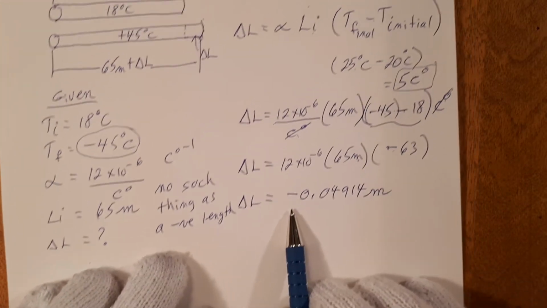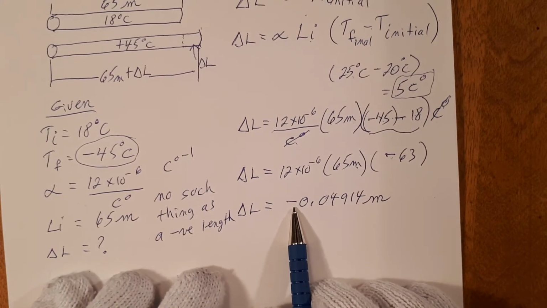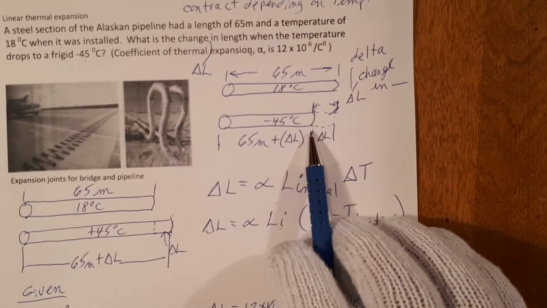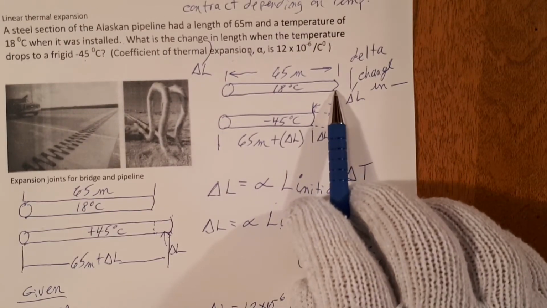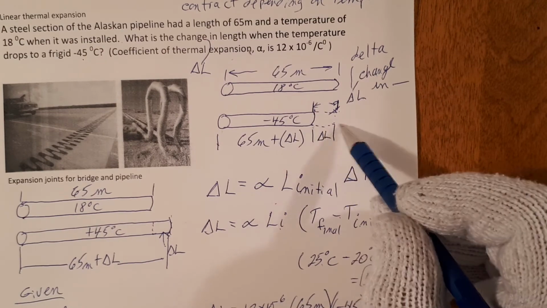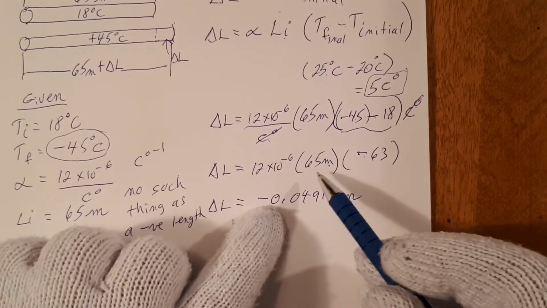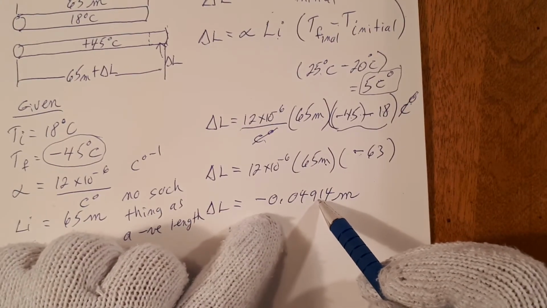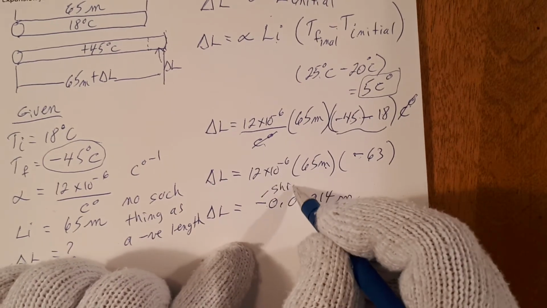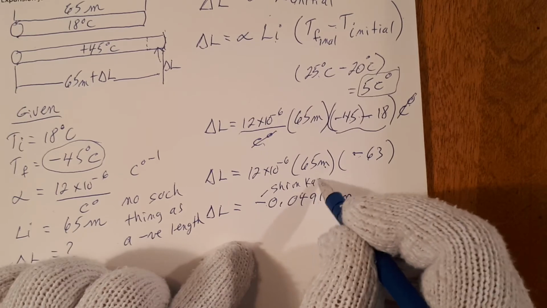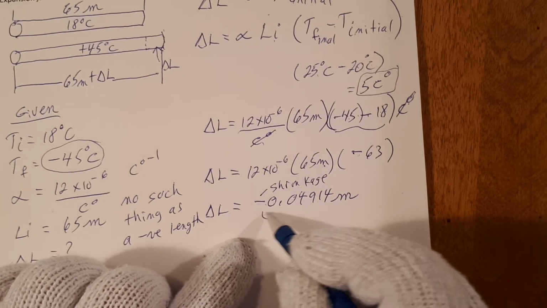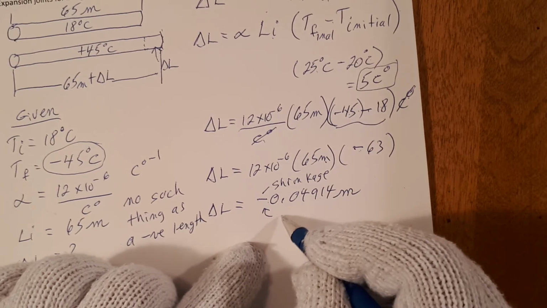This minus sign here represents a shrinkage. It's going to shrink by that much, a positive value. If you go back to the sketch, here it is. It's starting this long, it's going to shrink that much. And if I measure that distance from here to there, that distance will be 0.049 meters, a positive length. That negative sign represents a shrinkage of positive 0.049 meters. It's there for mathematics. You need that for the mathematics.